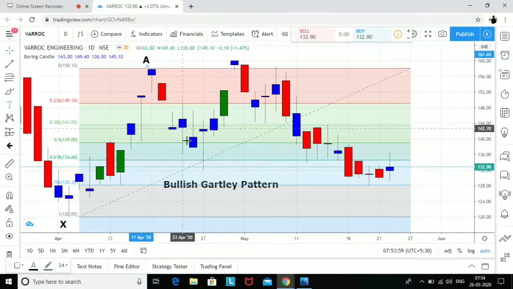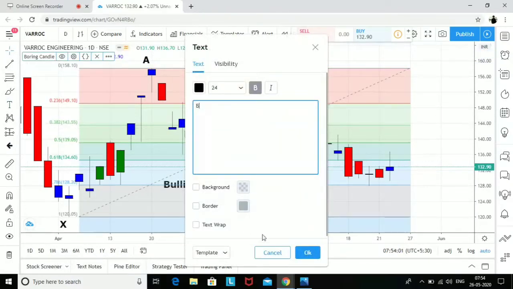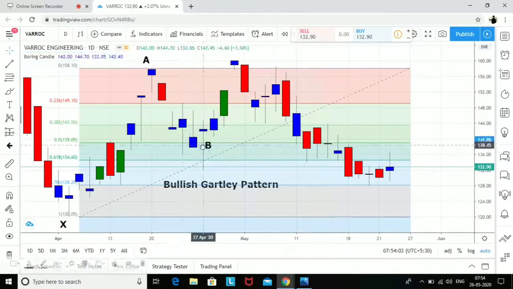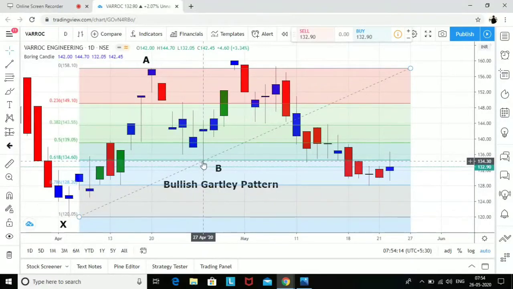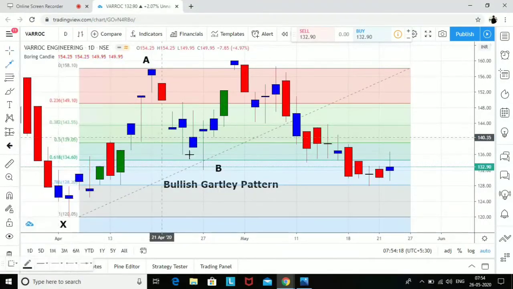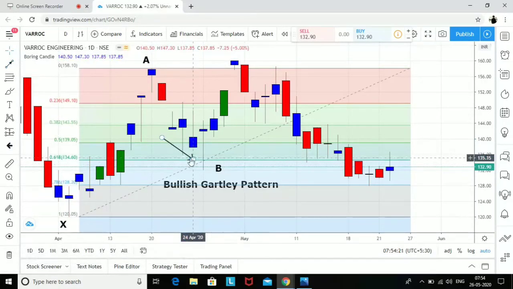So now for me, that would be B. So here if you see B, now again X A B, 61.8. It is exactly reversing from 61.8, right? This is what I am trying to highlight, 61.8.